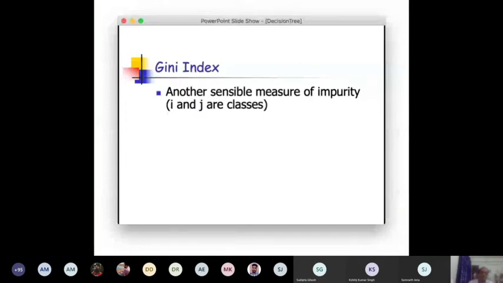There is another interesting impurity measure that is used instead of entropy, that is called Gini index. The definition of Gini index is given in this form: it's not about the attribute, basically it is about the class distribution, as we were saying. In the class distribution, it is the product of probabilities of different classes.